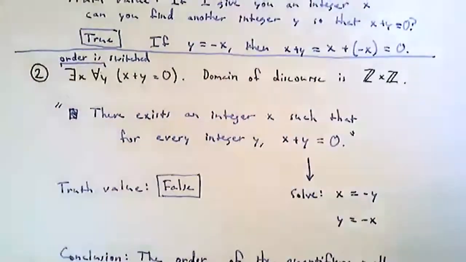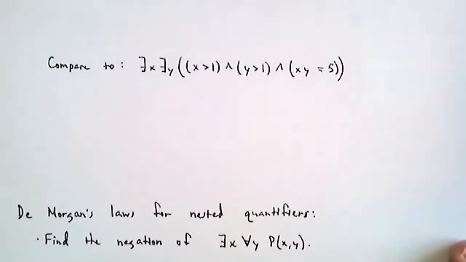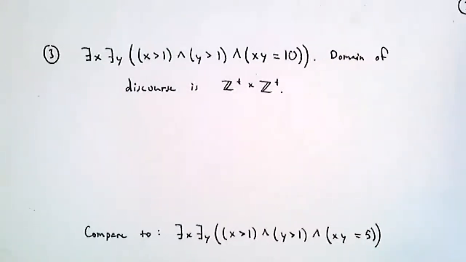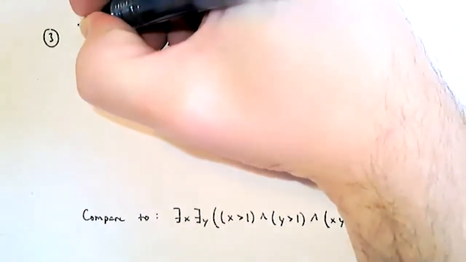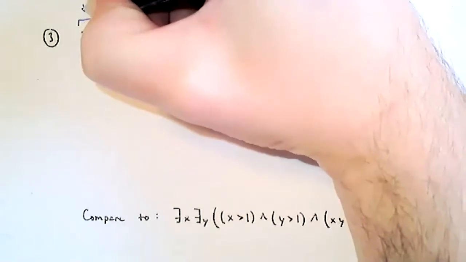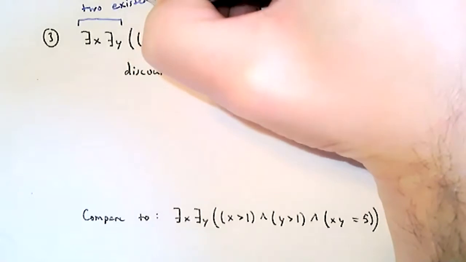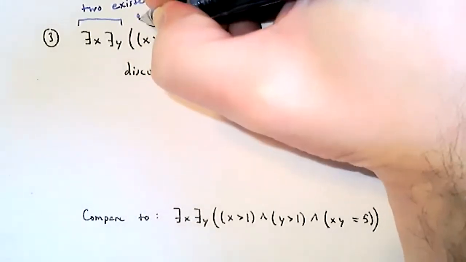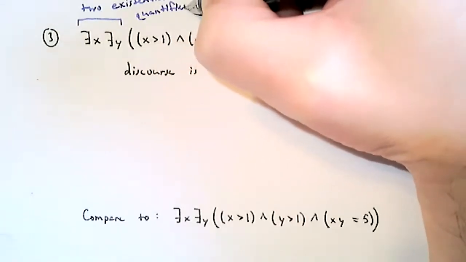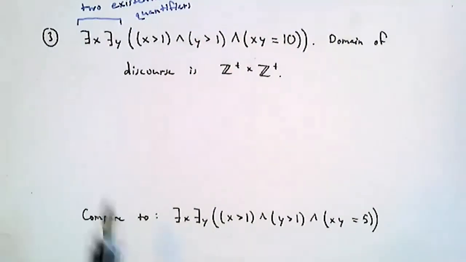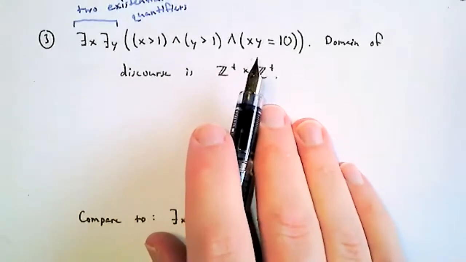Okay, so the next possibility for our nested quantifiers is this one: two existential quantifiers. Just take a look at this symbolic statement, we're getting a little bit more complicated.